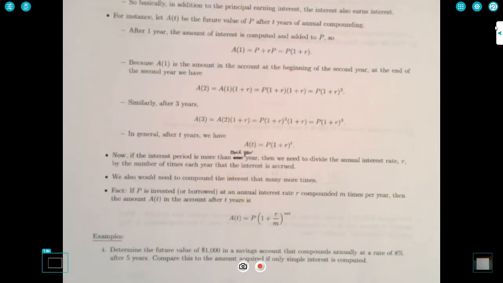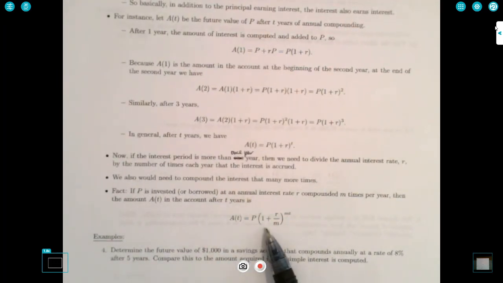So, putting it all together, we get the following fact. If P is invested or borrowed at an annual interest rate R, compounded M times per year, then the amount, A of t, in the account after t years is P times 1 plus R over M to the M T. This is the formula: P times 1 plus R over M to the M T.